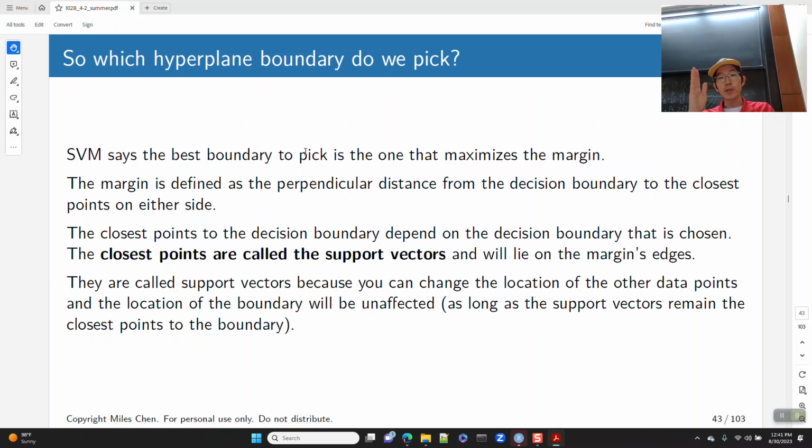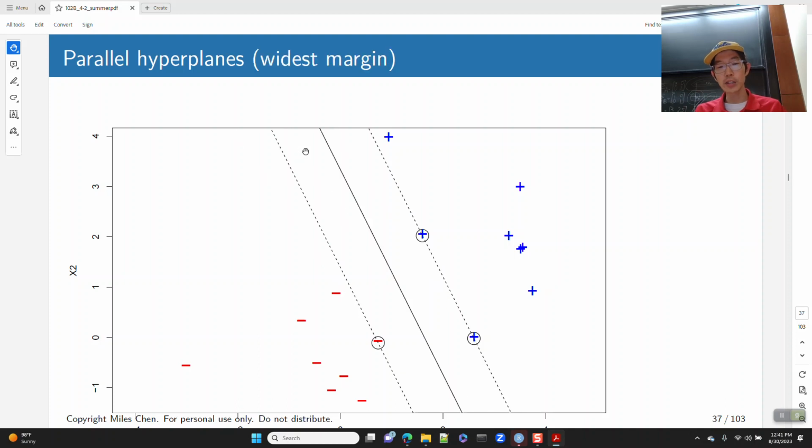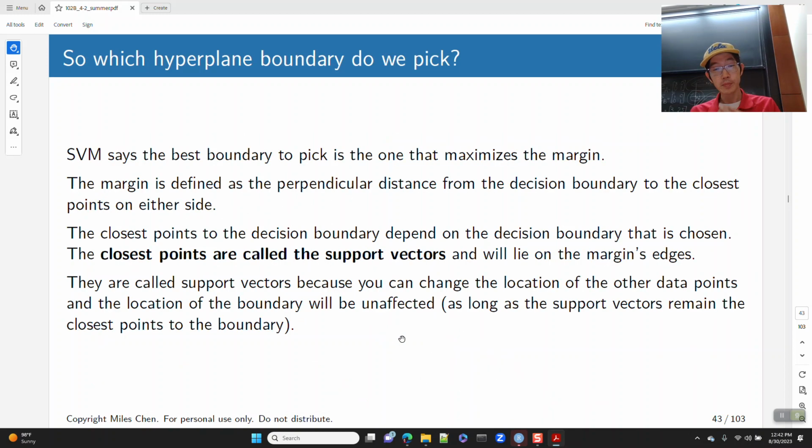And the margin is defined as the perpendicular distance from that decision boundary, which is technically this line in the middle, to the closest points. So if this is the decision boundary, this is the perpendicular distance to the nearest point on each of these sides. And we want to find the one that maximizes it.